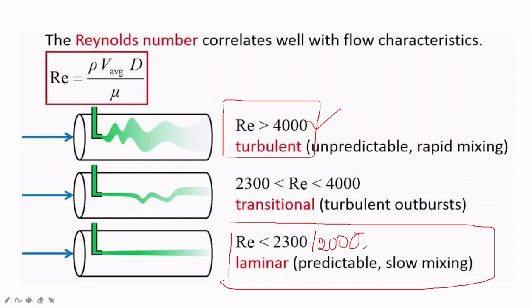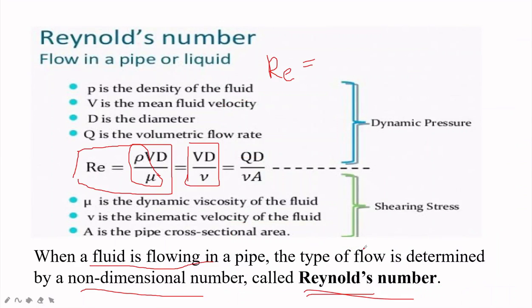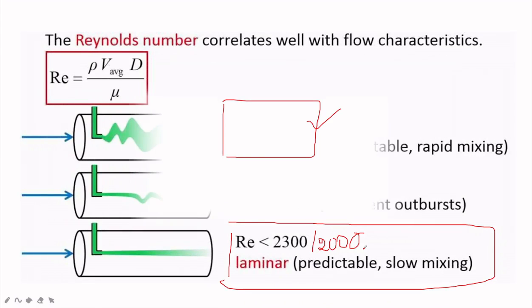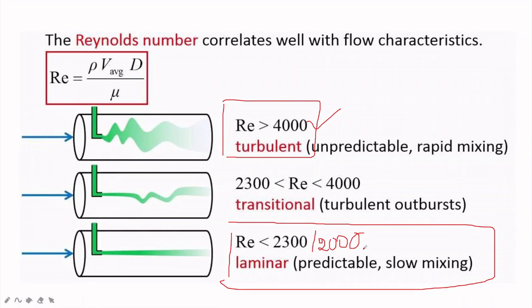What is the Reynolds number giving us? The Reynolds number is a non-dimensional number which tells the type of flow of a fluid flowing in a pipe. It will give the type of flow, either laminar, turbulent, or transitional. Laminar, when Re is less than 2000, turbulent more than 4000.